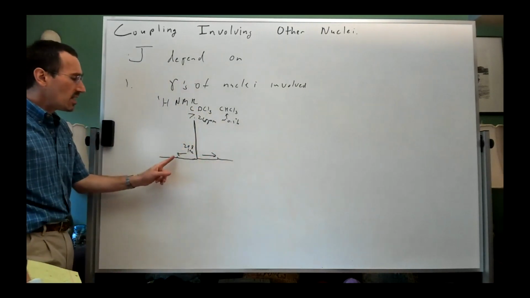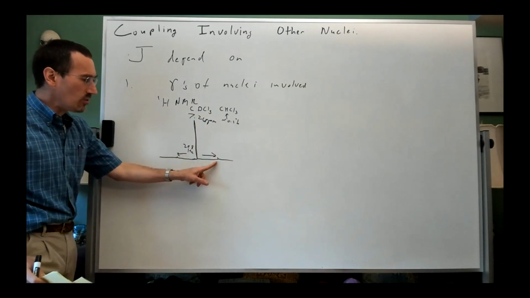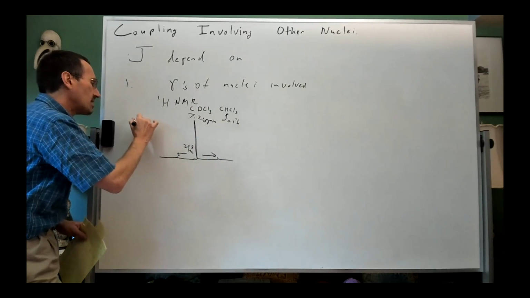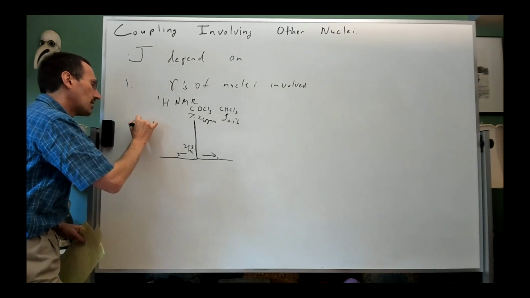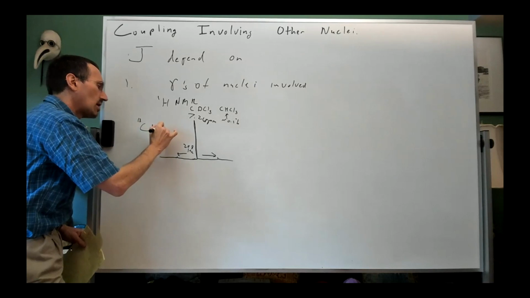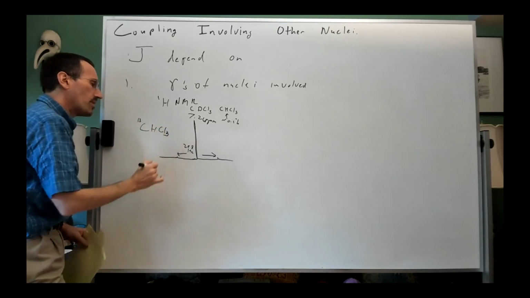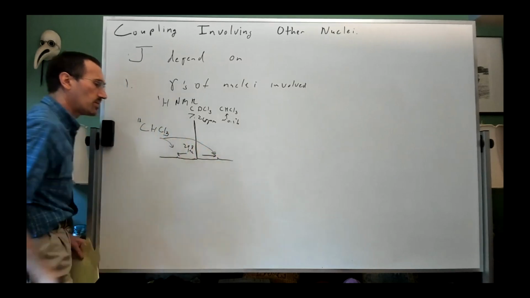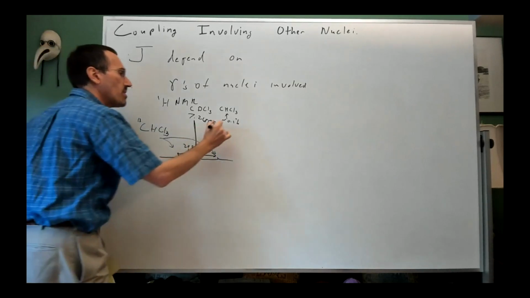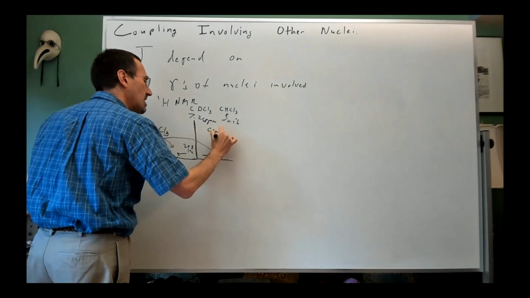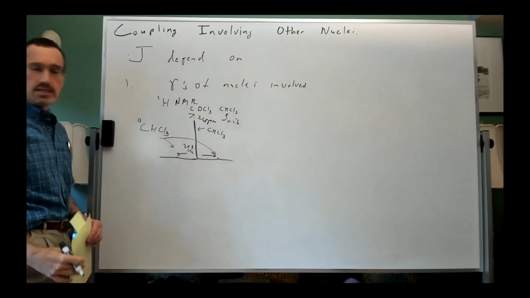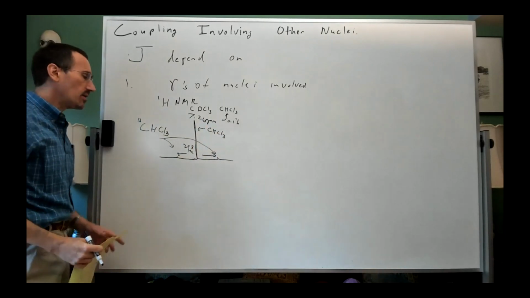In other words, these two are a doublet that results from the C13HCl3 peak. So that gives rise to these two where you're split. And then your main compound, your main protonated compound, CHCl3, appears in the center.